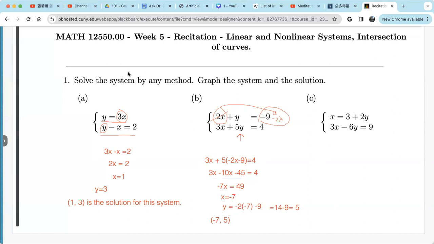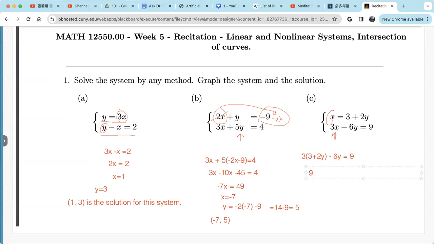So C, we see x is solved. So we have x equals 3 plus 2y. So we can substitute the x value of 3 plus 2y into this. So 3 times (3 plus 2y), which is x, minus 6y equals 9.